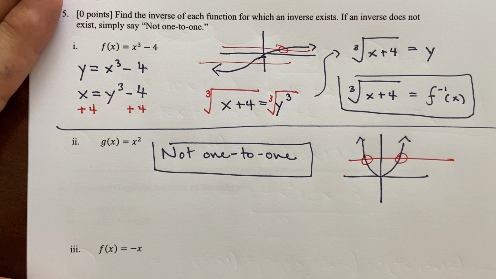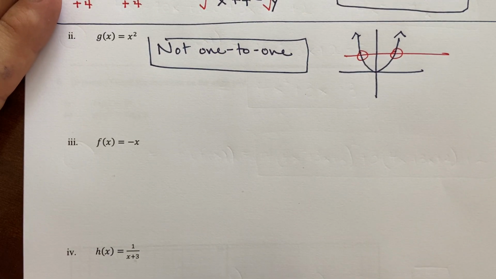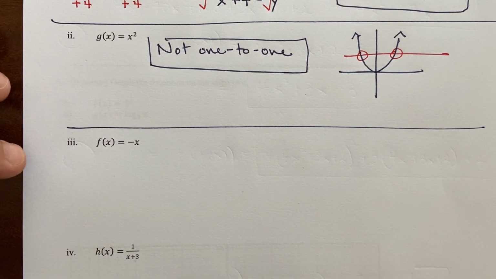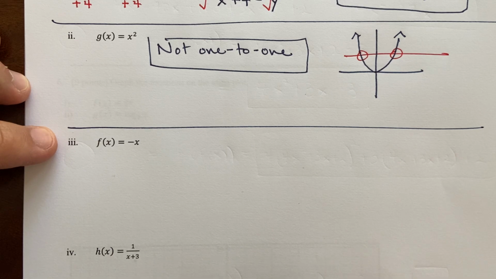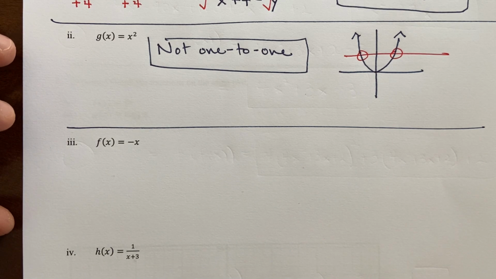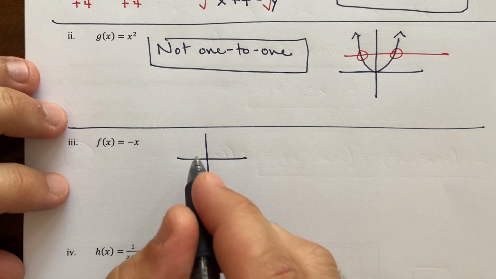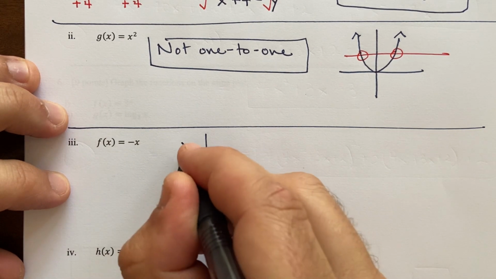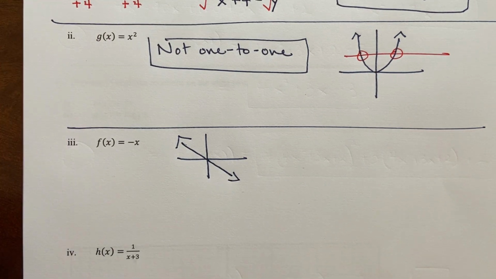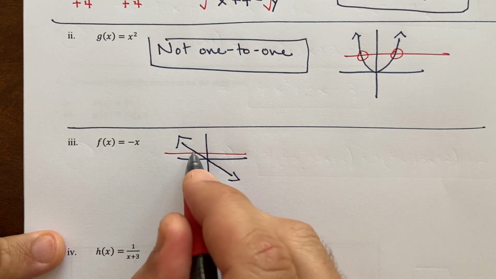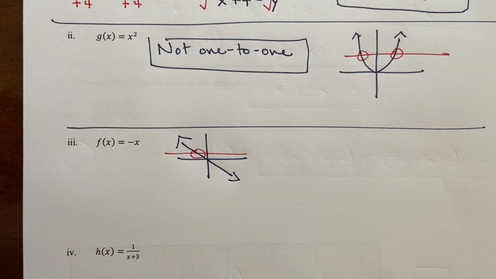So no inverse would exist. Okay, this one, this would be one-to-one. If you imagine its graph, you have this slope of -1 going right through the origin, so we would have this horizontal line test be passed.